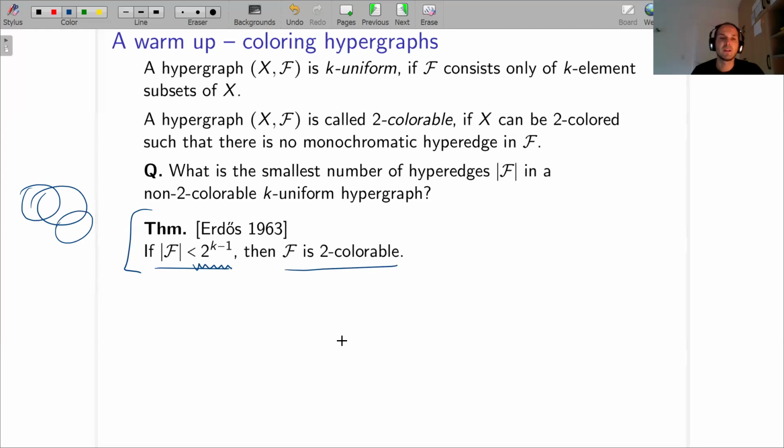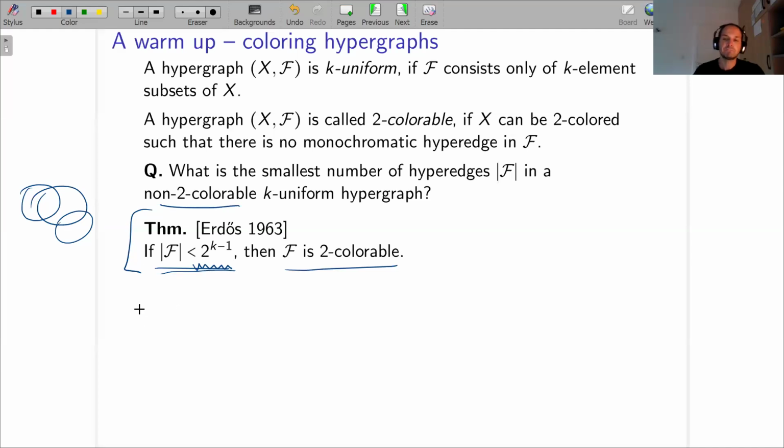So you can two color it. In other words, this is the lower bound for the cardinality of a non-two colorable K uniform hypergraph. Why? From this theorem, we know that for a graph to be non-two colorable, it has to have at least 2 to the K minus 1 sets in the family.